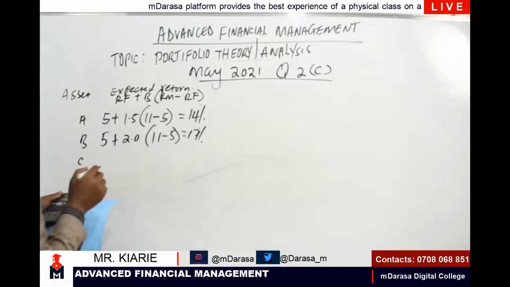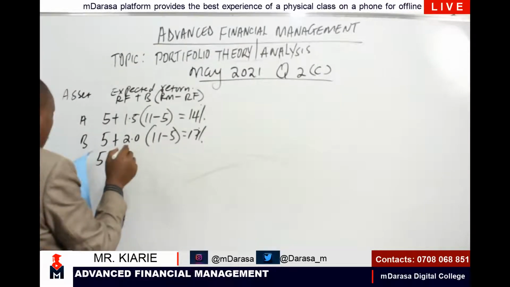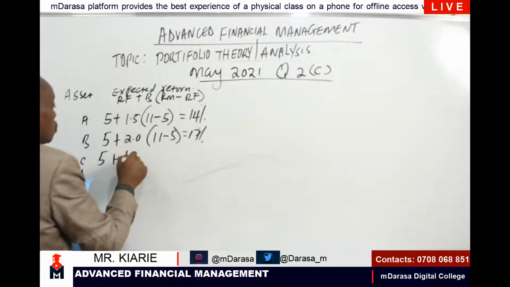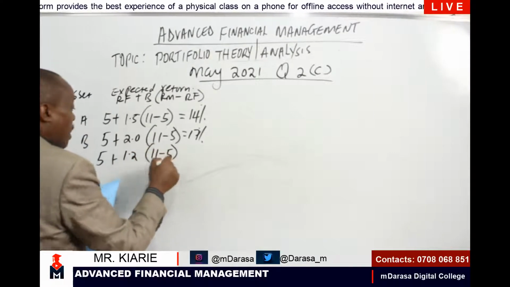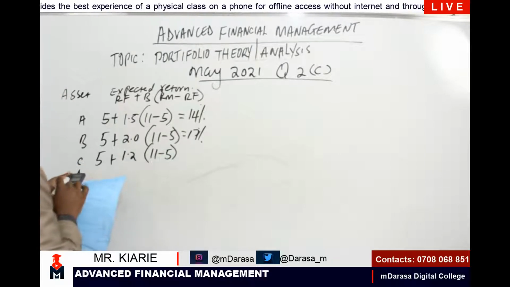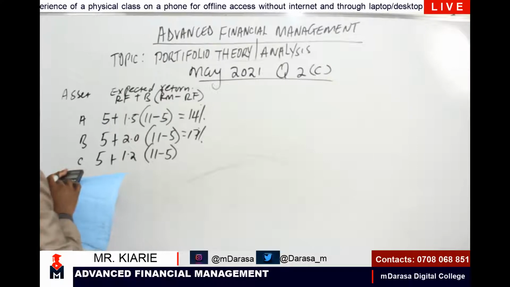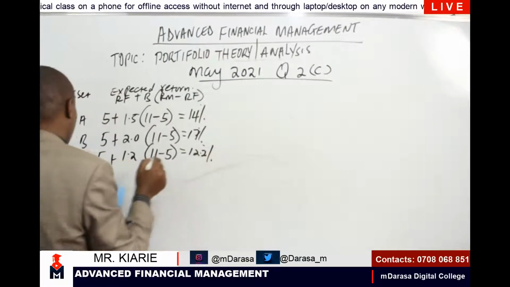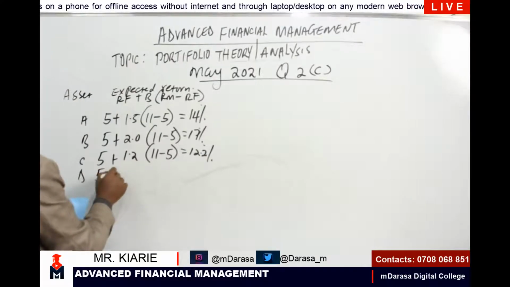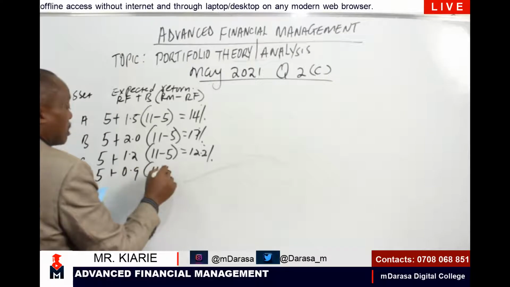Then for C, it will be 5 plus the beta for C, 1.2, into brackets 11 minus 5. So it's 6 times 1.2 plus 5. This is 12.2%. Then for D, it is 5 plus the beta for D, 0.9, times 11 minus 5.